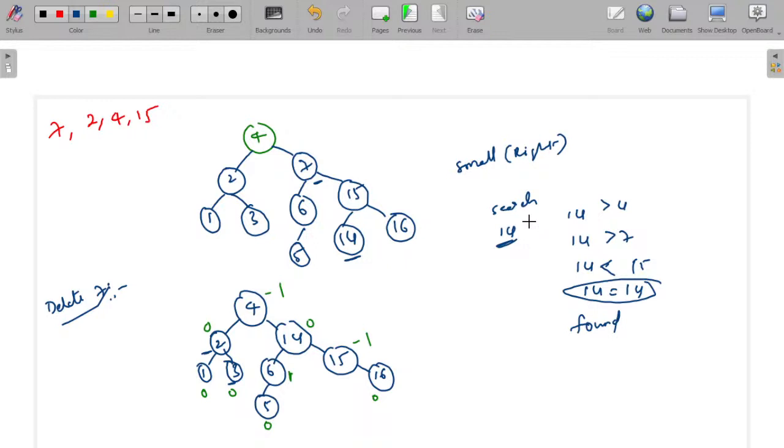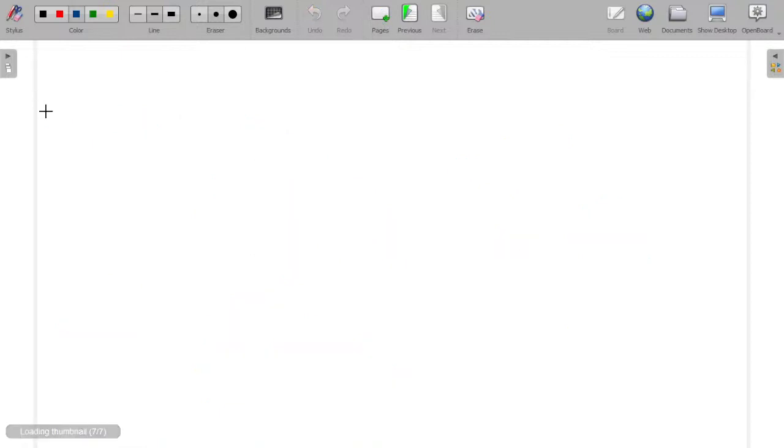Right, Tarun has asked me to construct an AVL tree for this example problem. If you want me to make it, I can make it now, Tarun. The example that is asked by Tarun is this. He's asked me to construct an AVL tree for these numbers.